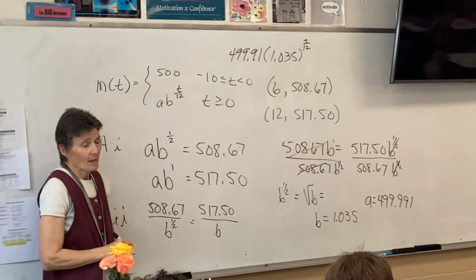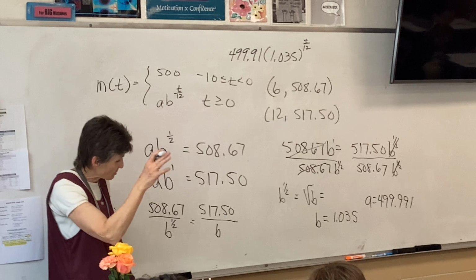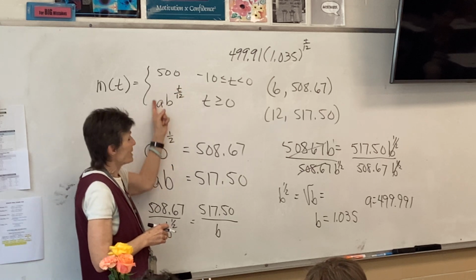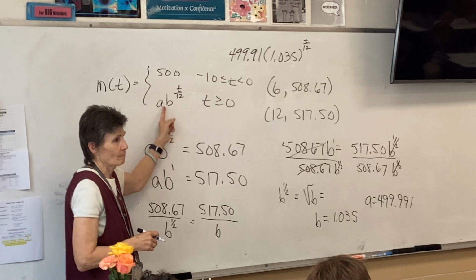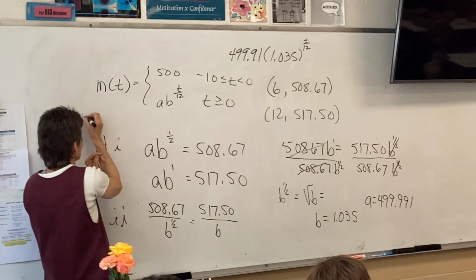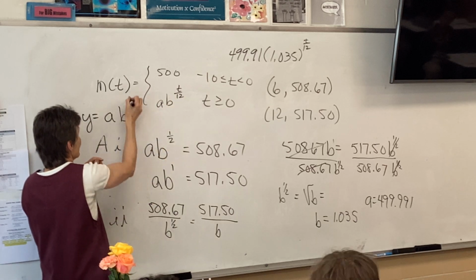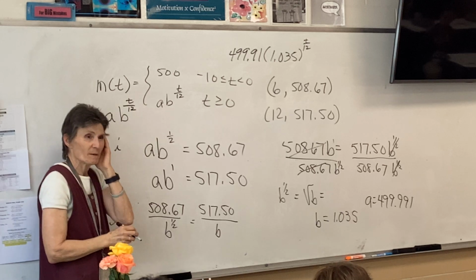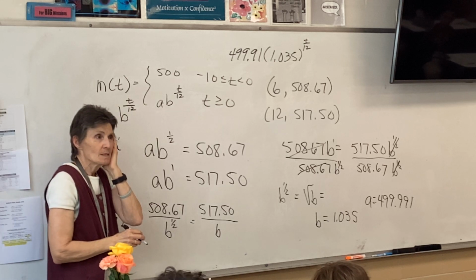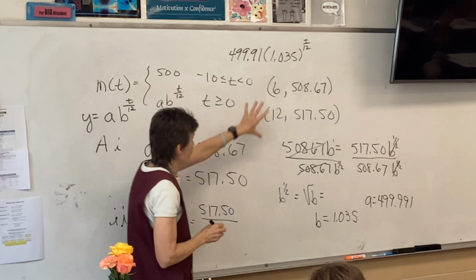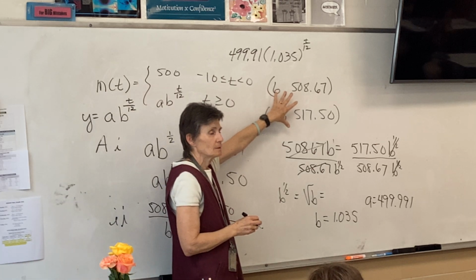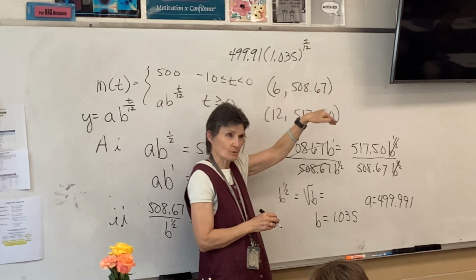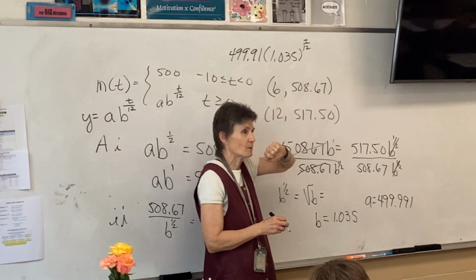Now, I just did all that by hand because that's what somebody told me to do. What kind of an equation is this? I know it's a piece, but think of it like this. That is an exponential, right? And I have a couple of ordered pairs here. Could I have put these 2 points in L1, L2, and done an exponential regression on that?